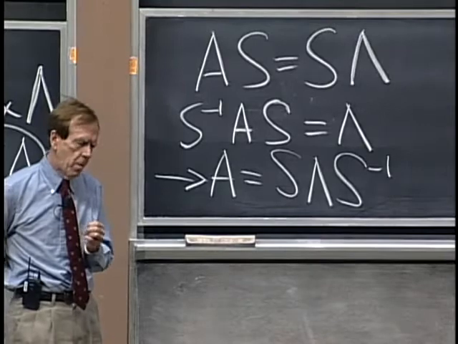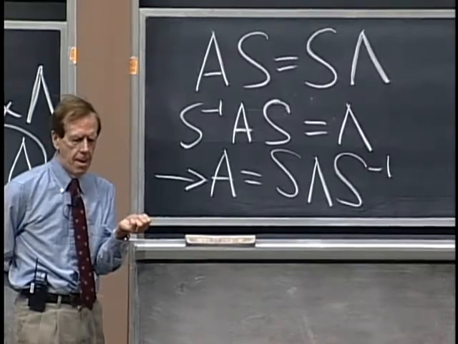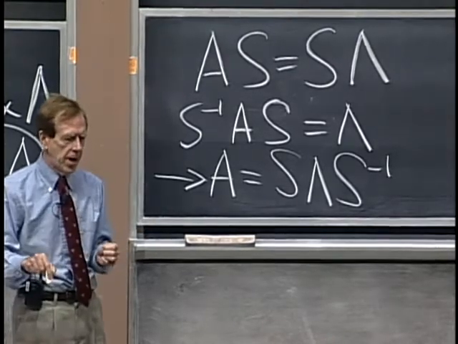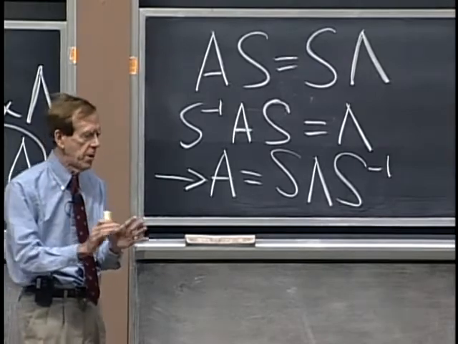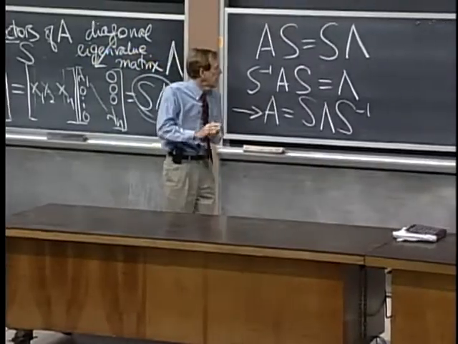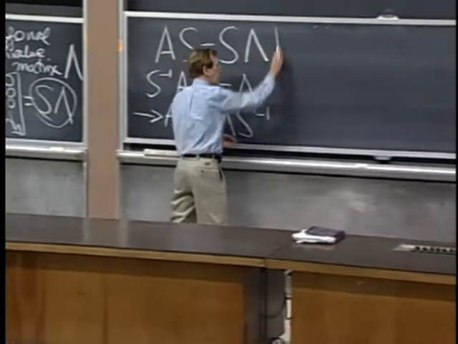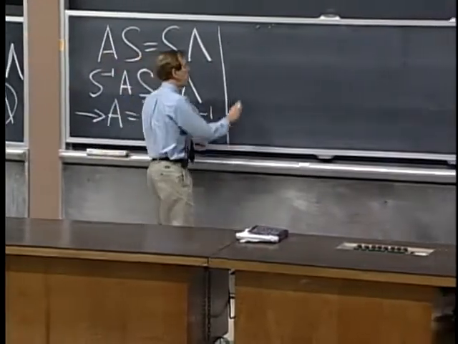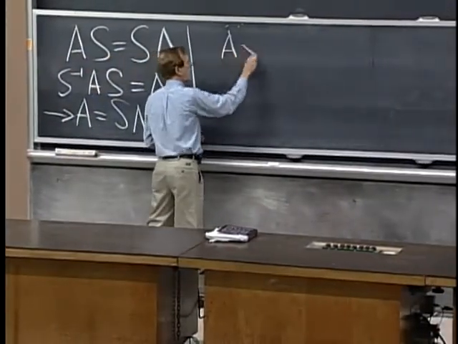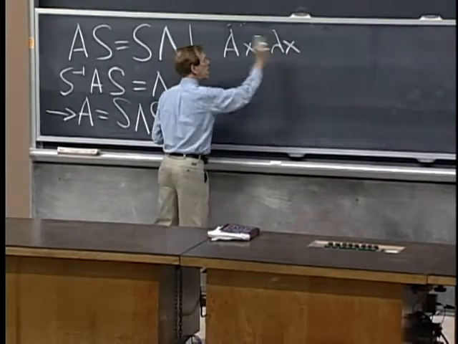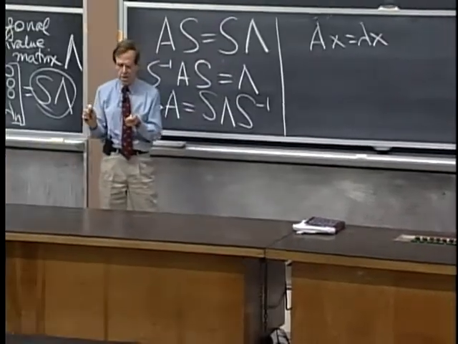For example, what about A squared? What are the eigenvalues and eigenvectors of A squared? That's a straightforward question with an absolutely clean answer. So let me consider A squared. I start with Ax equals lambda x, and I'm headed for A squared.